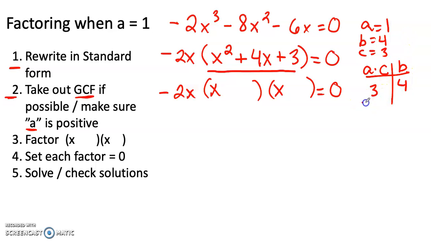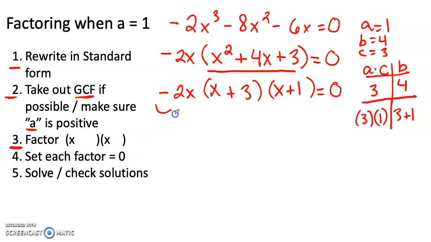So two factors that multiply to give me 3, but will add to give me 4. And those two factors are 3 and 1, because 3 times 1 gives me 3, but 3 plus 1 gives me 4. So I want a positive 3 and a positive 1. So now I've factored. Now I have to set each factor equal to 0.